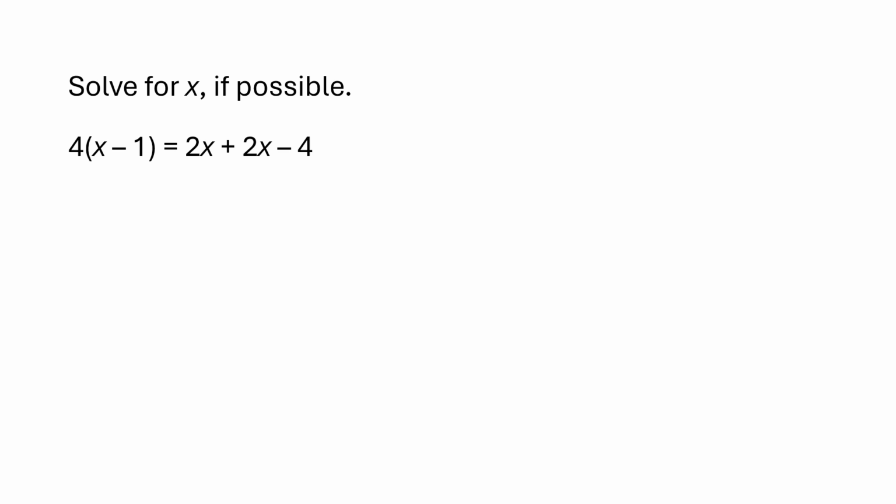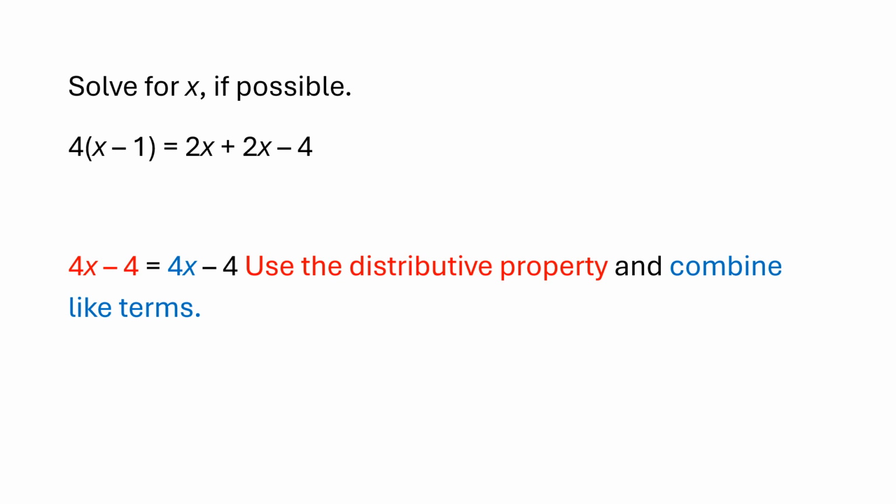Well, let's change it slightly. 4 times the quantity of x minus 1 equals 2x plus 2x minus 4. We're going through basically the same steps. We break down the symbol of grouping with the distributive property, 4x minus 4, and we combine like terms to get 4x minus 4.